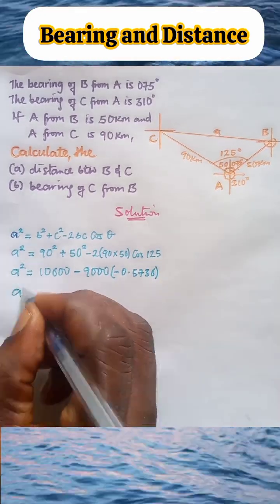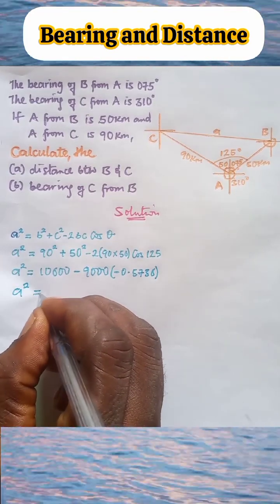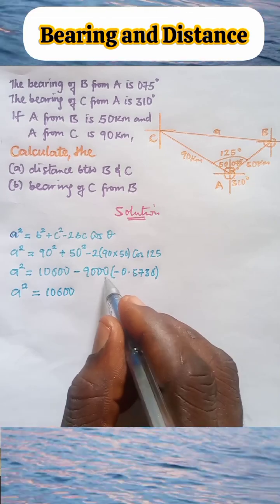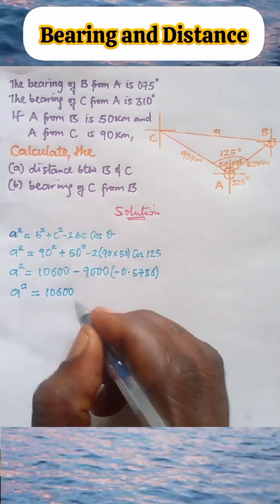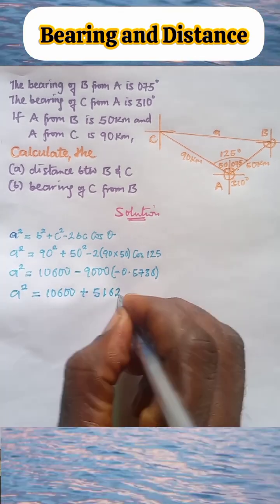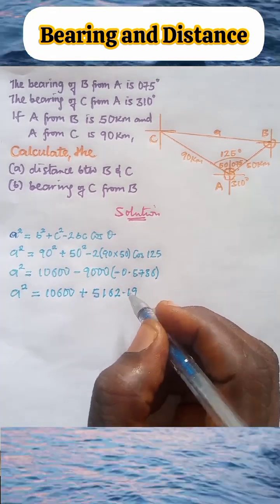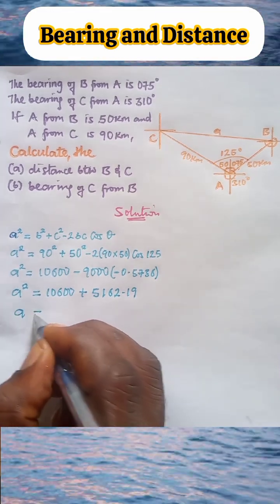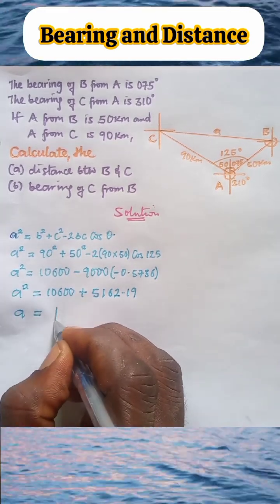So here we have that A squared equals 10,600. If you multiply negative 9,000 by this, it gives us plus 5,162.19.